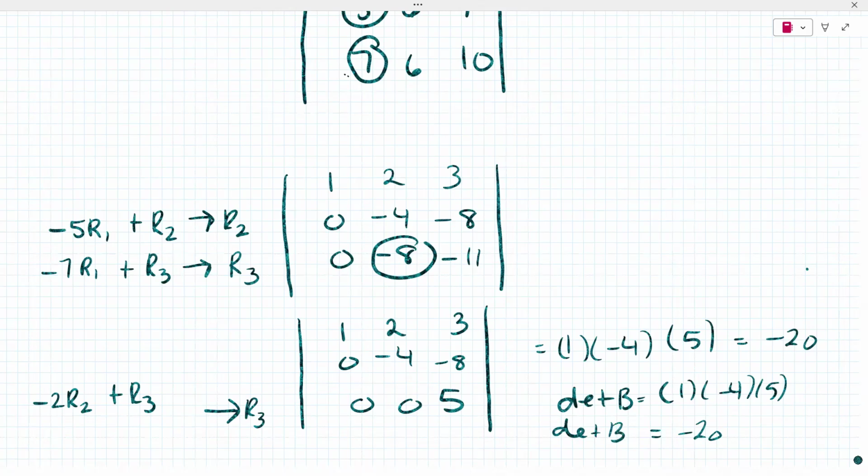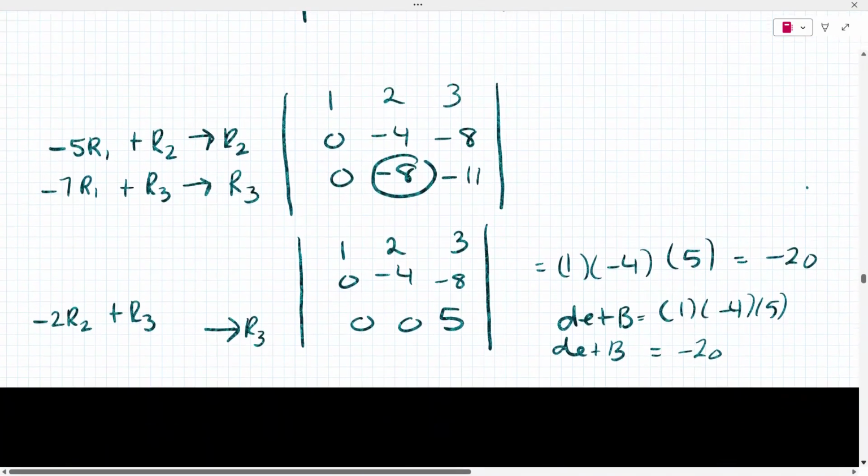So this is where we had to keep track of our commandments, or row operations. Let me rewrite our commandments right here.